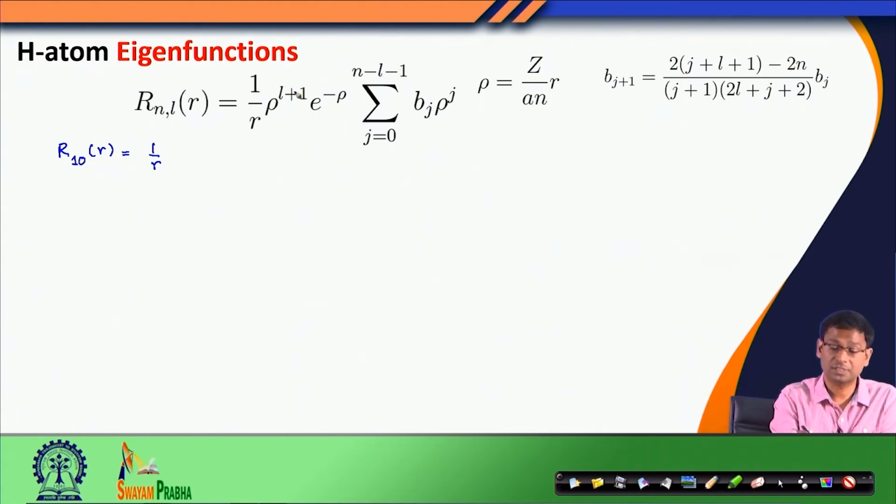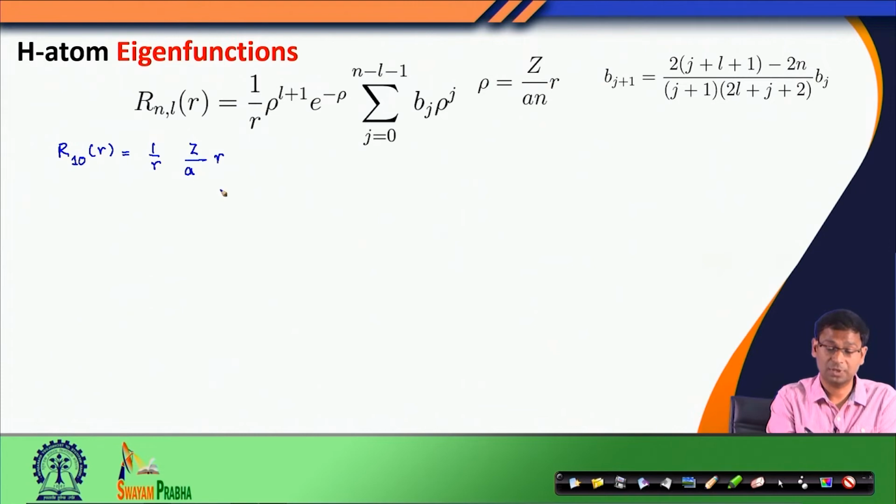So, therefore, this will be simply rho, but what is rho? Rho is Z over A n r, but I already know that n is 1. So, I need not write this n over here. So, rho becomes Z over A r, rho to the power L plus 1, L is 0.